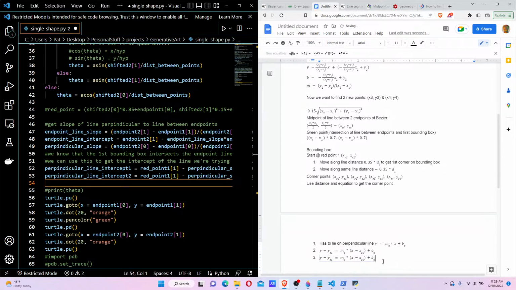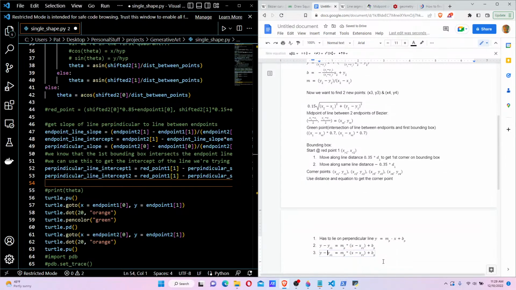So if we just rearrange it, then we could say that y sub c1, so multiply this whole thing by negative, get rid of that minus m_p x minus m sub p times x sub c1, and then, oh, well, that becomes positive, and then this becomes negative.